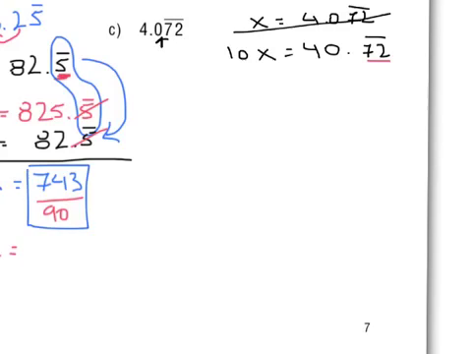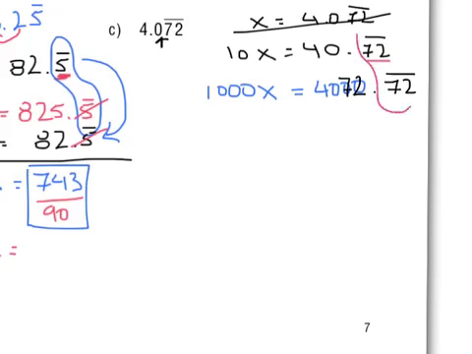So if I multiply this by 100, I'm going to get 1000x, because 10 times 100 is 1000, equals 4072.72 repeating. Let me just erase this.